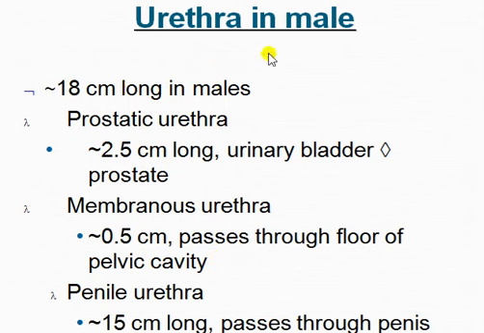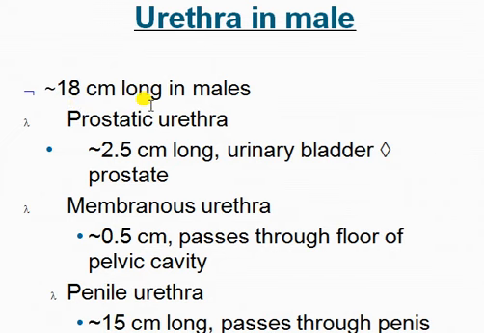If you take the urethra in a male, it is 18 centimeters long in males. The prostatic urethra is 2.4 centimeters long in the bladder region. Then the membranous urethra is 0.5 centimeters and passes through the floor of the pelvic cavity. And the penile urethra. See how the urethra is divided.